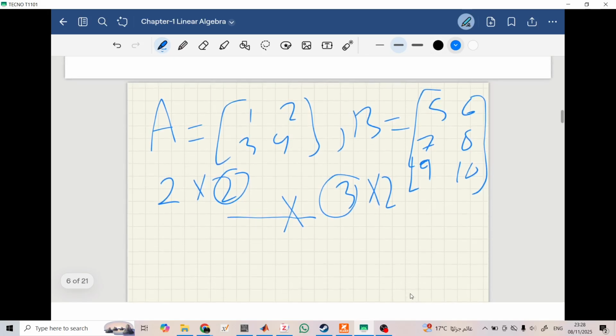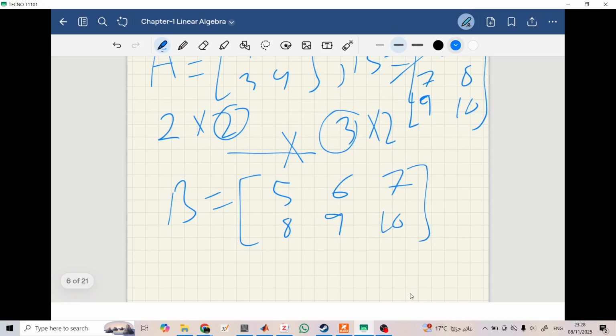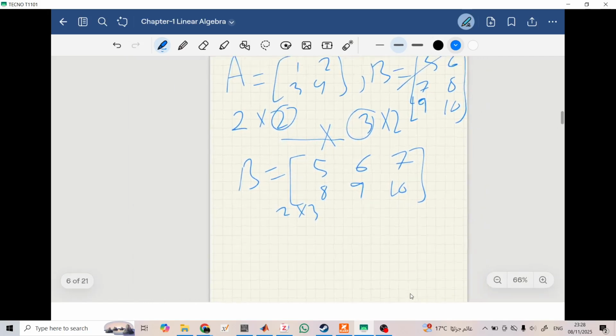So let's change this matrix. Let's say that we have matrix B in this form: 5 6 7 8 9 10. So this matrix is 2 by 3 and is compatible with matrix A. So let's multiply those two matrices.